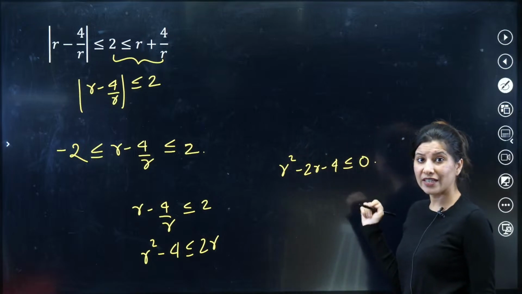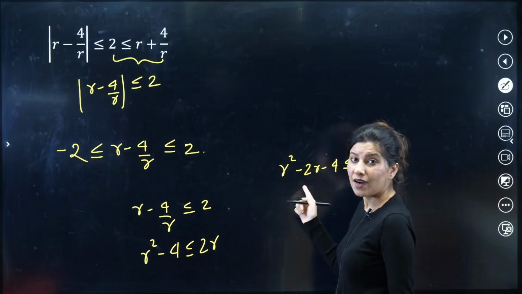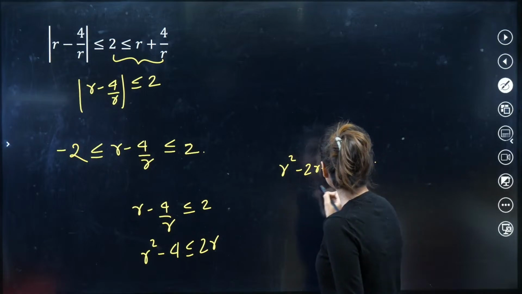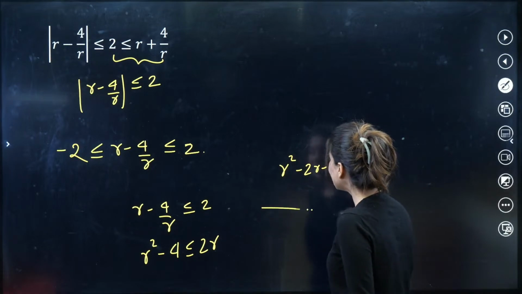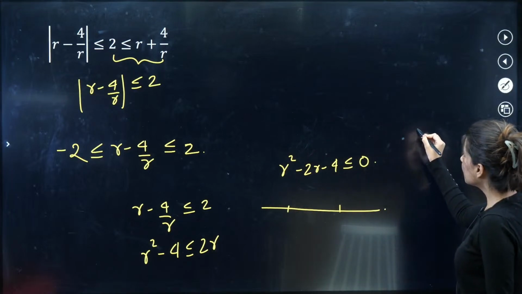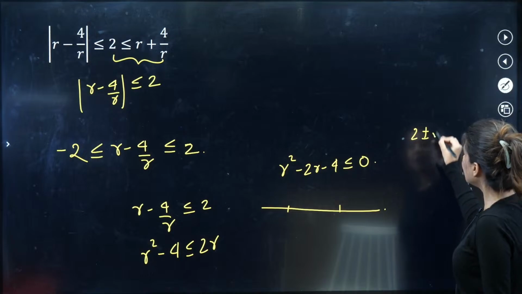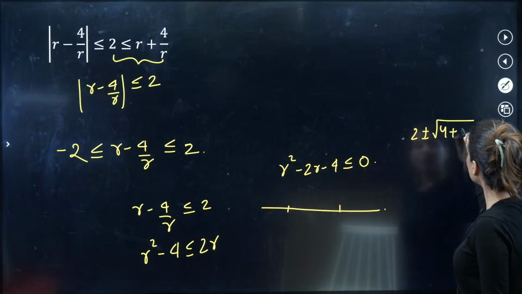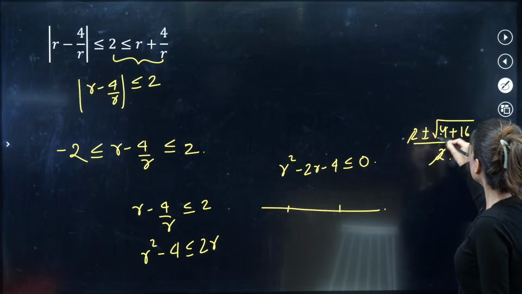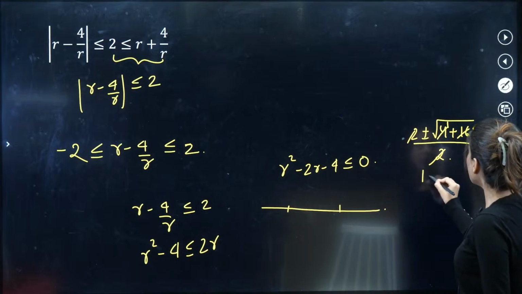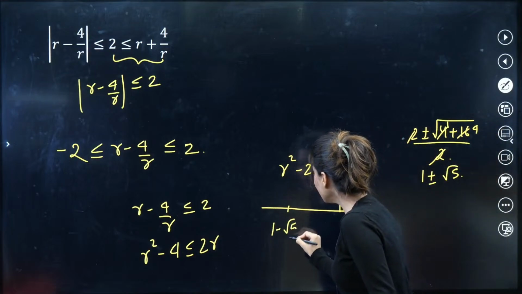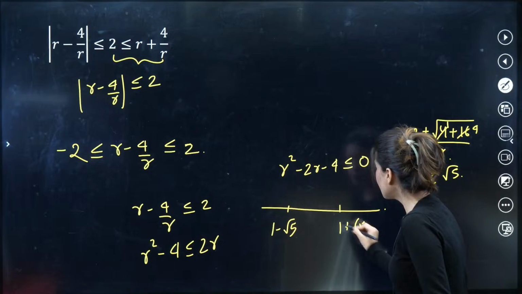Now from here we can right away apply the formula method. So r will be equal to 2 plus minus the square root of 4 plus 16, that is 20, by 2. So 2 is gone, this is 1, this is 4, giving 1 plus minus root 5. 1 minus root 5 will be negative and 1 plus root 5 will be positive.